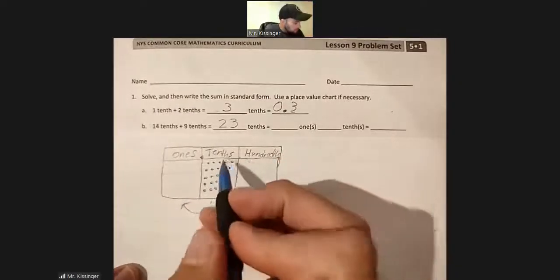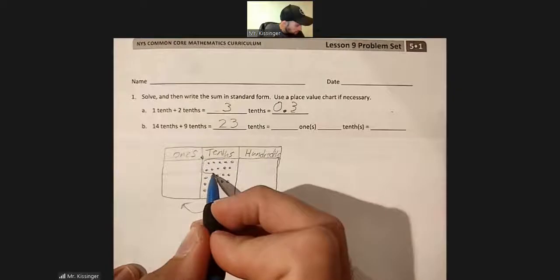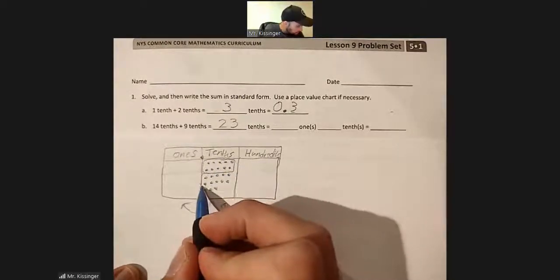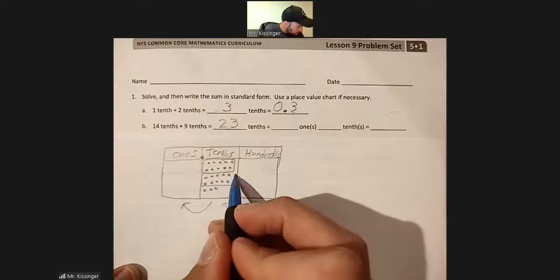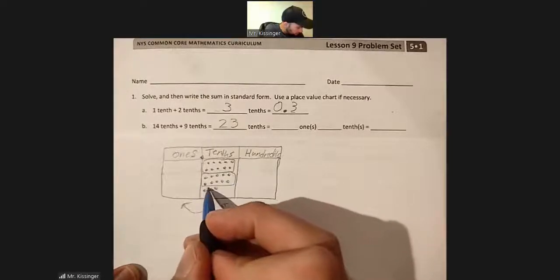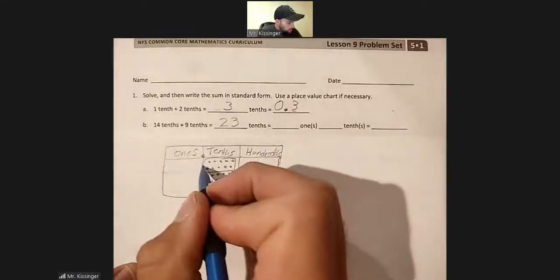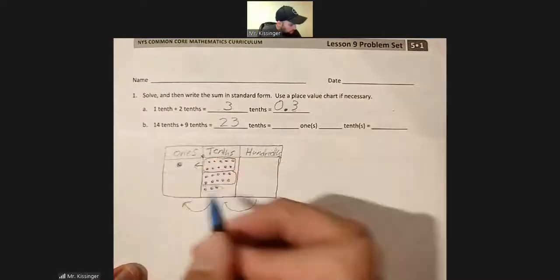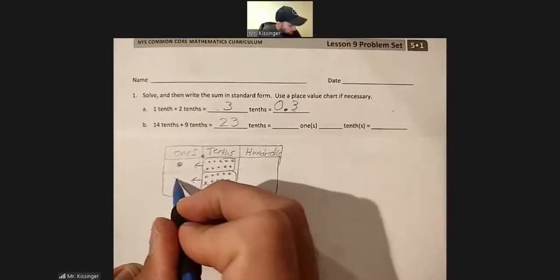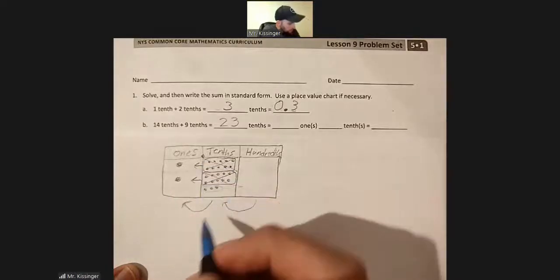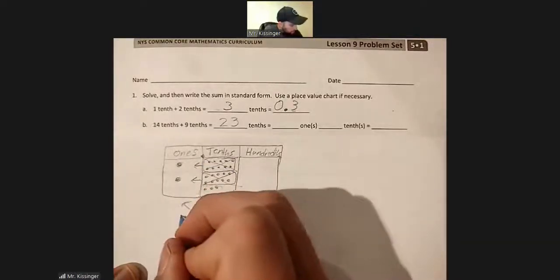So we're going to circle our tens. So we have right here, or our tenths, excuse me, 10/10 there, and then we have 10/10 here, and then we have 3 left over. So this here is going to become 1 in our ones. This is going to become 1 in our ones. It goes out of our tenths, and we have 1.